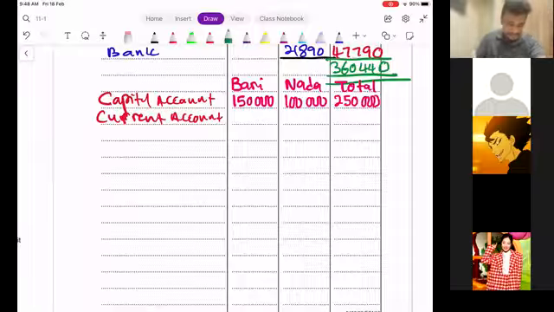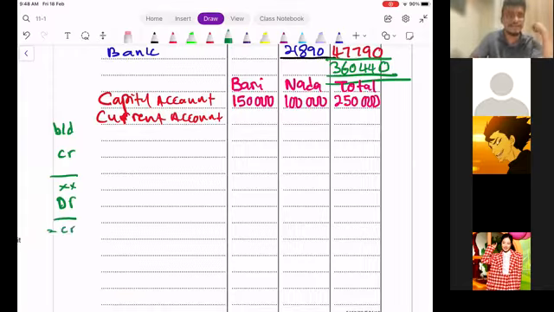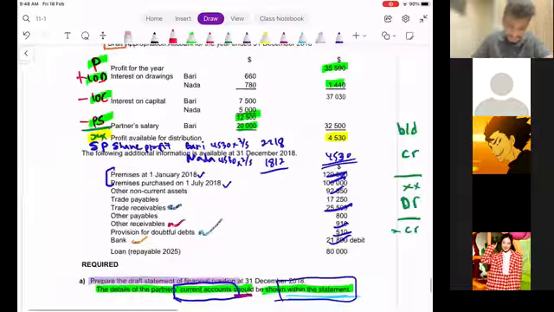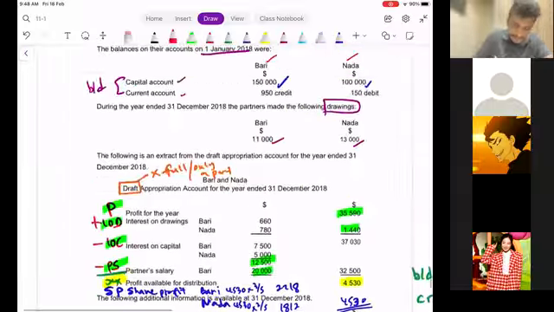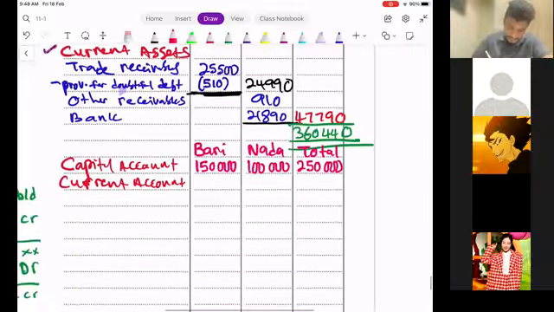Do you remember the format? Balance BD, credit, total up, debit, and then you get the CD. This is the format. So balance BD, can you check how much the balance BD is? Current account balance BD 950 and 150. 950 is on the credit side, 150 debit.